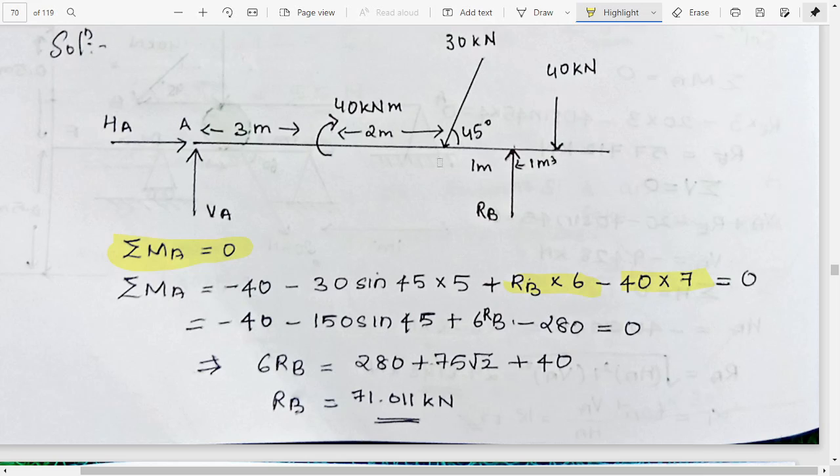Then we have minus 30 sine 45 into 5, that is this. Then we have a moment in the clockwise direction, so we are taking minus 40. Now if we equate it to 0, we get the value of RB to be equal to 71.011 kilonewton.